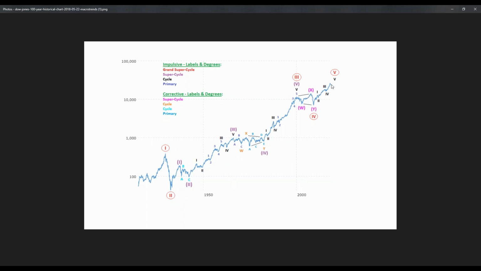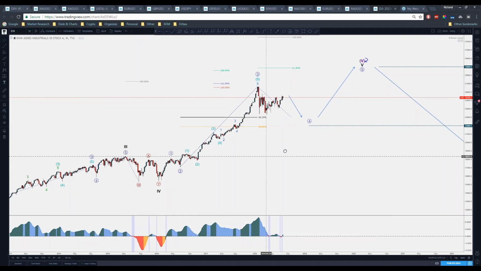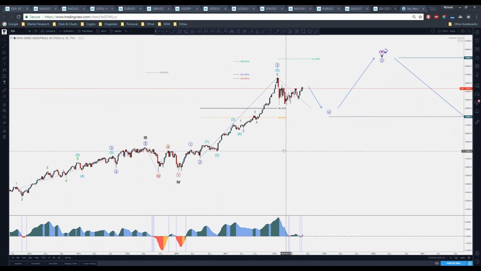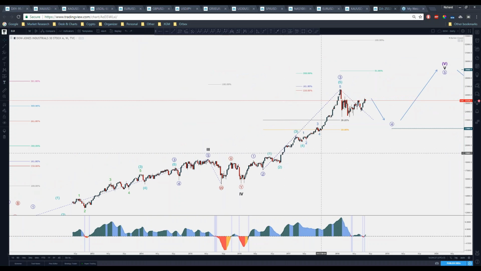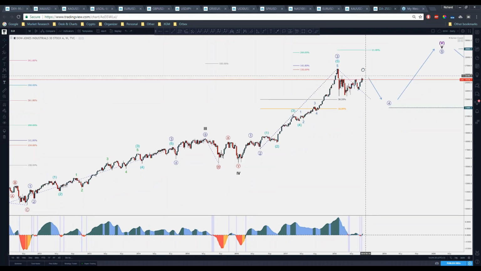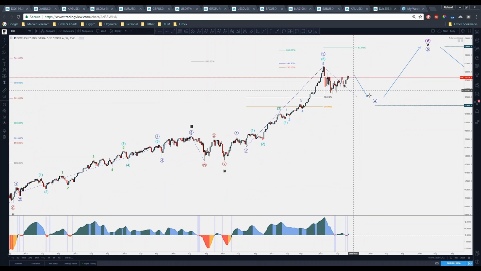Now 1, 2, 3, 4, 5, are we there yet? That's the question, right? By the looks of it, I like to think that no, not yet. I would be satisfied with a proper end to this correction.